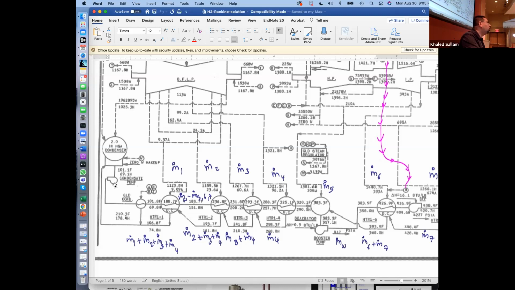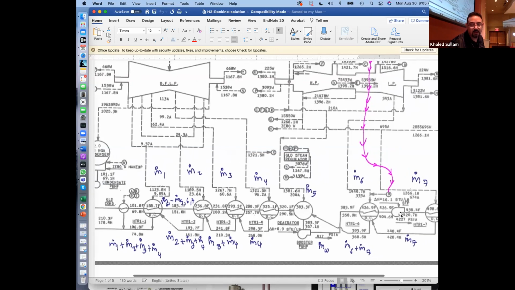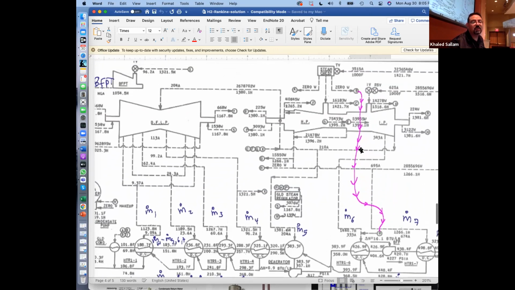If the pump is giving you 100 kilowatt, does this mean that the pump consumed 100 kilowatt? It probably consumed more. So to calculate this and this power and subtract them from this nightmare so that I can come up with work net, that is not gonna work.